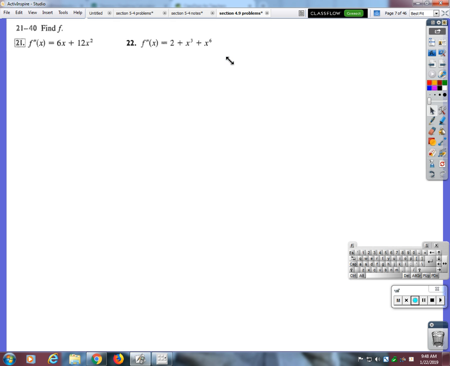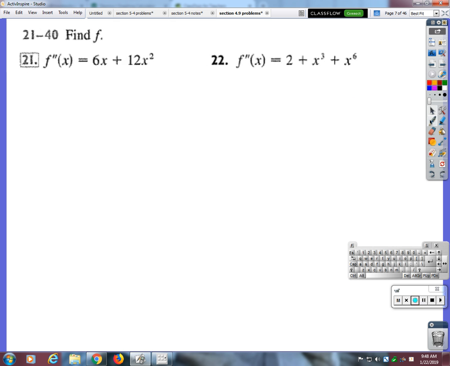Okay, Gage, what's the antiderivative of 6x? Plus c, right? And since this is the second derivative, I'm going to call that c1 because we're going to have to do this again. So you can simplify this to 3.